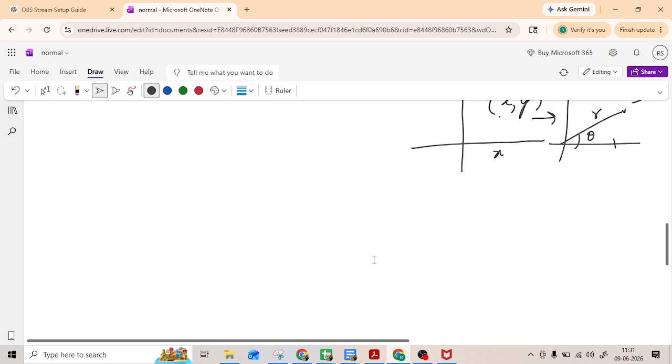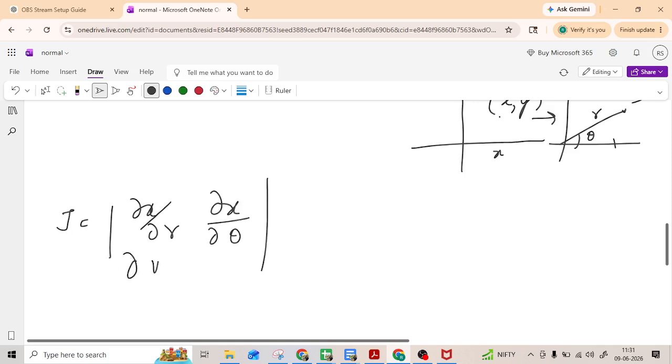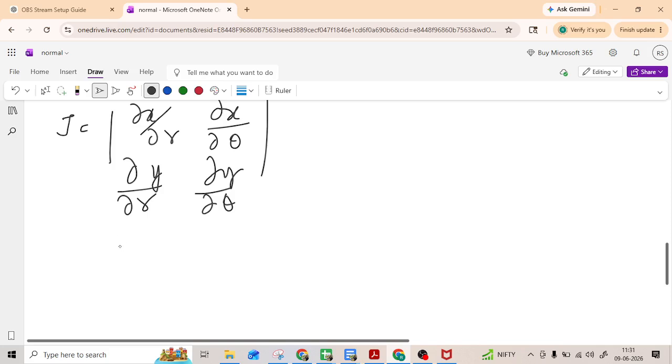It is nothing but something like this: dx by dr, dx by d theta, and then dy by dr and dy by d theta. It's essentially talking about what happens to dx and dy once you change the coordinates from x y to r theta, okay.